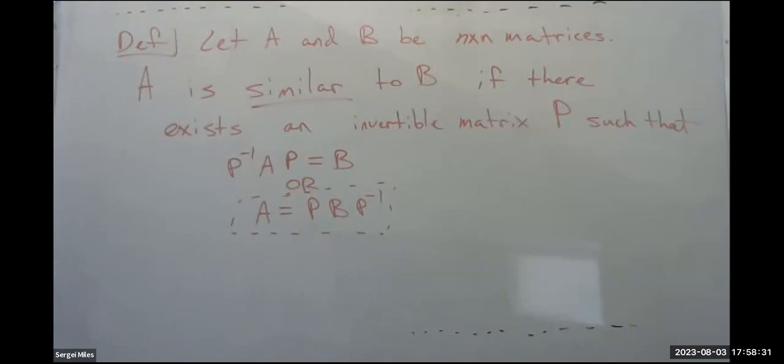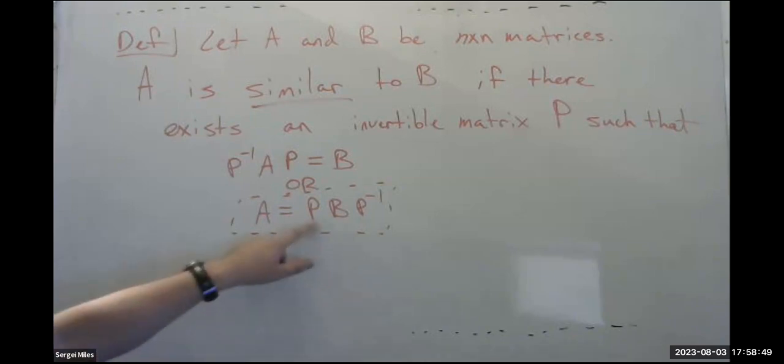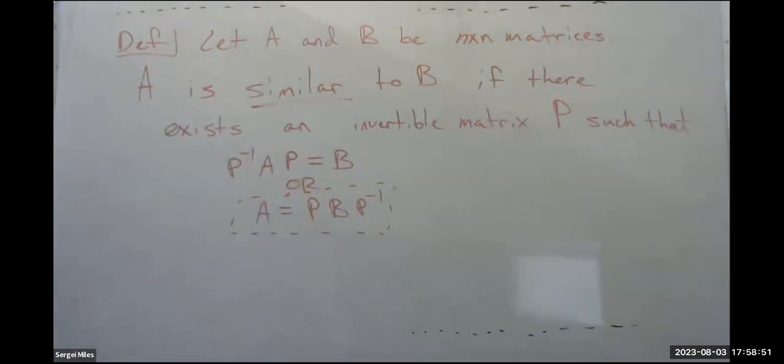This is also referred to as a similarity transformation, but it's also noteworthy that if A is similar to B, then B is also similar to A. This relationship goes both directions. Why? Well, if A is similar to B, then I can just multiply the P stuff over to the other side, and then I'll have that B equals a sandwich of A, right?